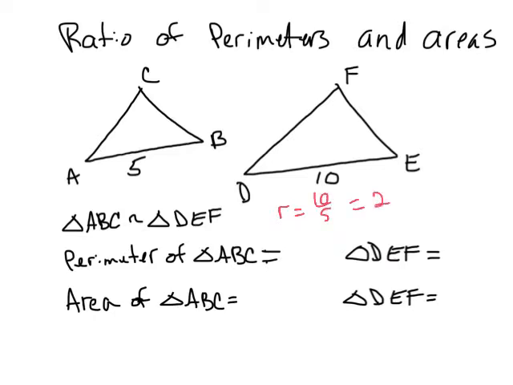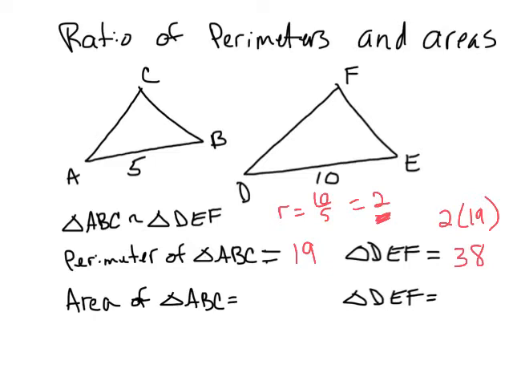So we're going to call it a scale factor of 2. We're starting with A, and we are increasing it. So my scale factor is 2. Well, what that means is there is a linear relationship between the scale factor and the perimeter. So let's say the perimeter of ABC is 19. Then the perimeter of DEF is going to be double that because of my scale factor of 2. It's going to be 2 times 19, and that gives you 38.